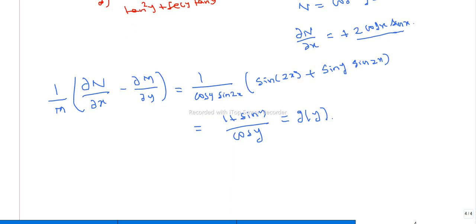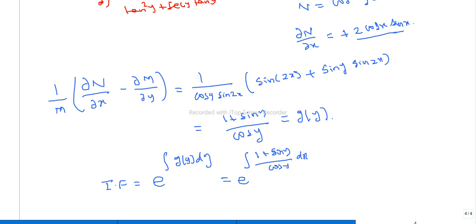Now what is the integrating factor? The integrating factor is e power integral g of y dy. So e power integral of 1 plus sin y by cos y into dy. Now what is this?